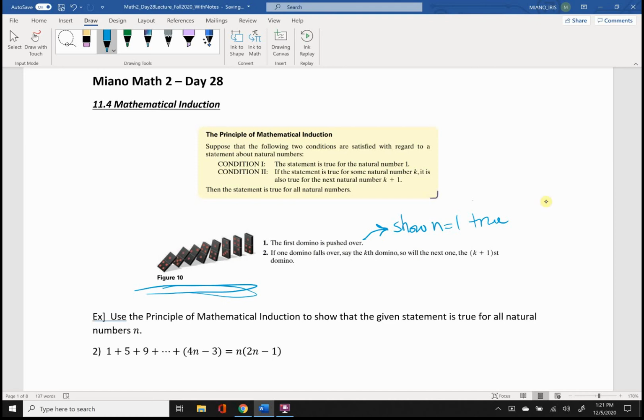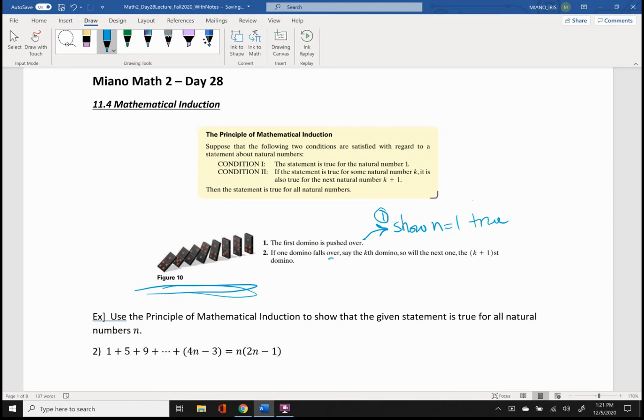Here's the formal write-up of the principle of mathematical induction. Go ahead and read it, but I want to talk about the process a little less formally. So step 1 will be show n equals 1 is true.